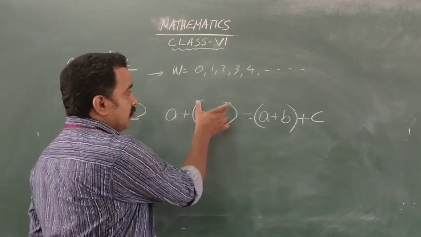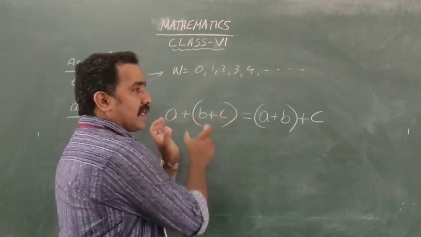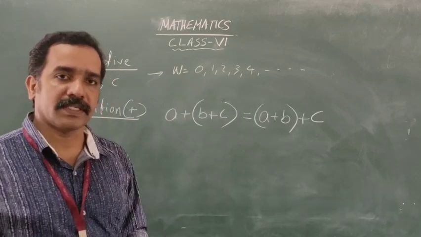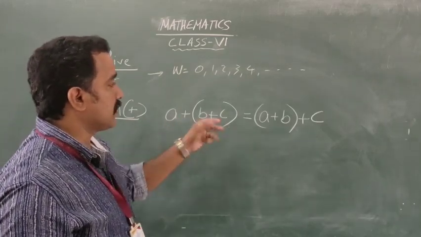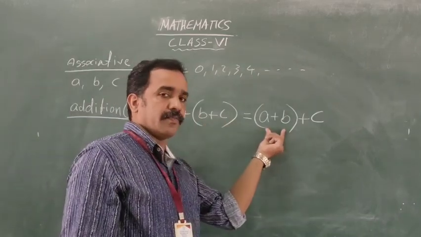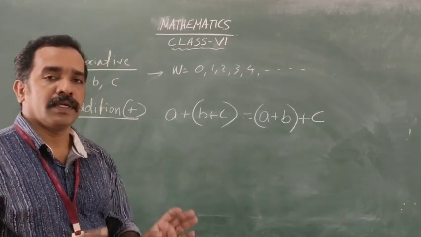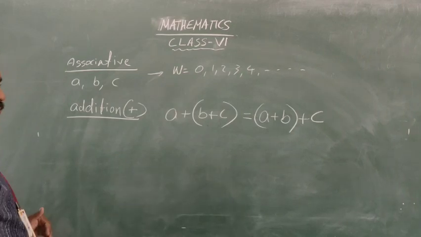We know that if there is a bracket, we have to do what is inside the bracket first and the rest of the operations later. So in A plus (B plus C), we are adding B and C first. Here, in (A plus B) plus C, we are adding A and B first. But the final sum will always be the same. That is what the associative property is.